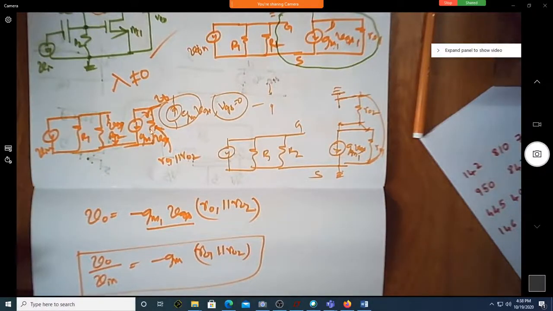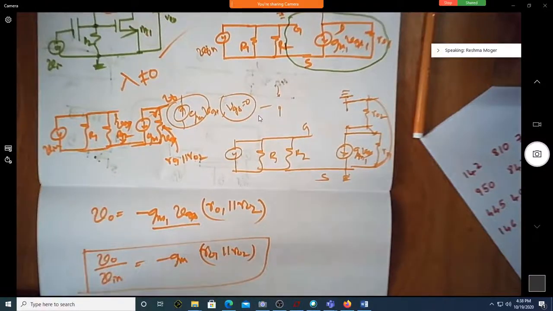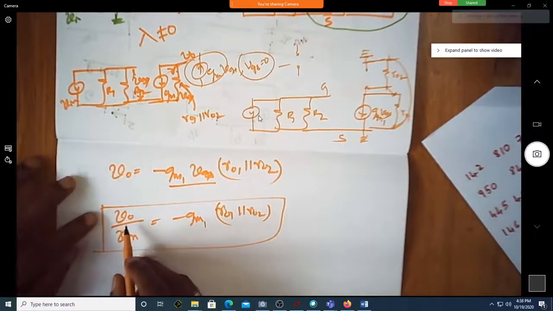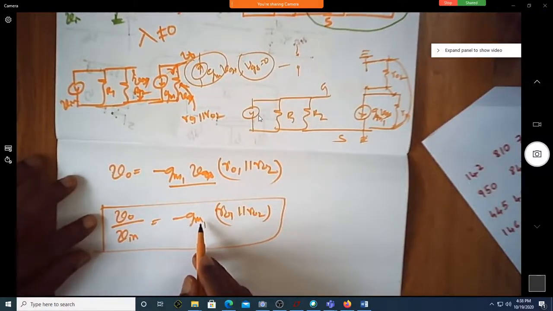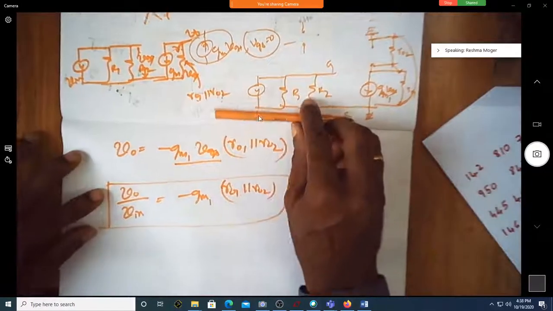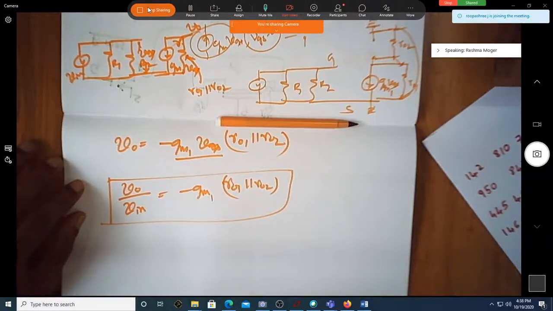Hello, hello. Yes, sir. Unless otherwise, how do I proceed? So shall I now write finally the expression for this amplifier with active load as minus GM into R01 parallel with R02? Correct? Sir, it's not visible. Video is stuck or what? Yes, sir.